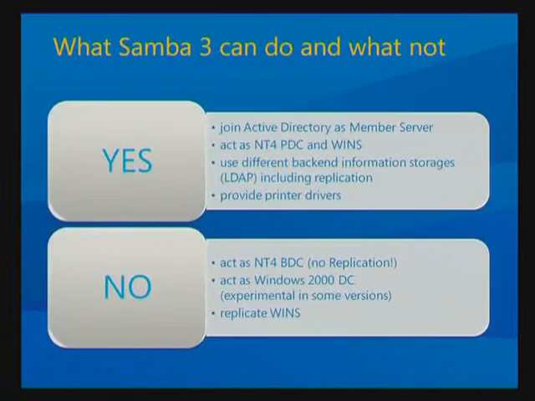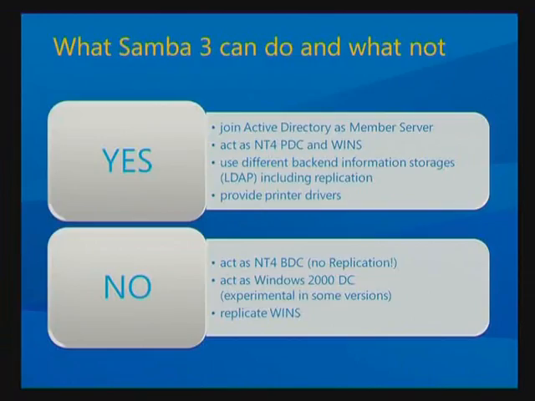It cannot act as an NT4 BDC because there is no replication. So if you try to set Samba as a domain controller, it's a bad idea, because you only have one domain controller. There's no backup DC, nothing. If the machine breaks down, your information is gone, as long as you don't have it in a backend somewhere.